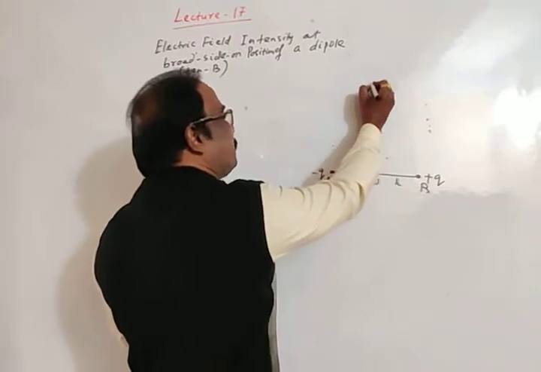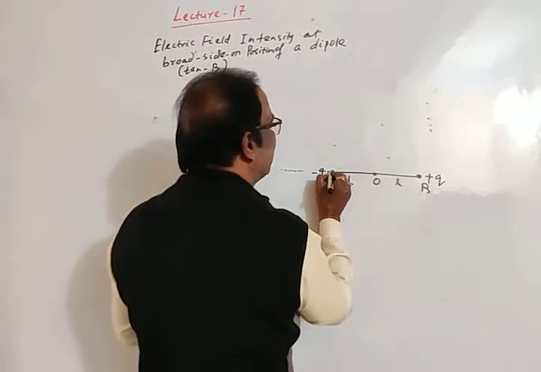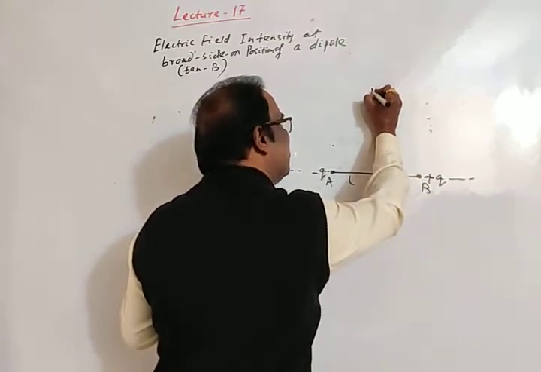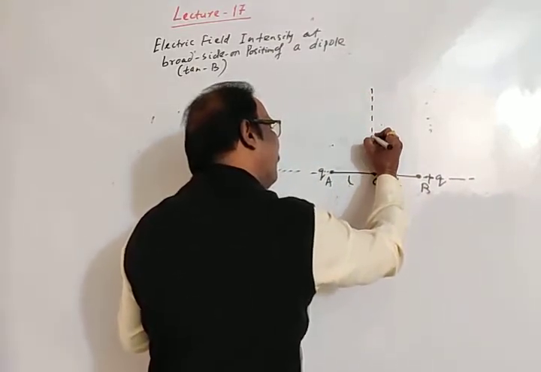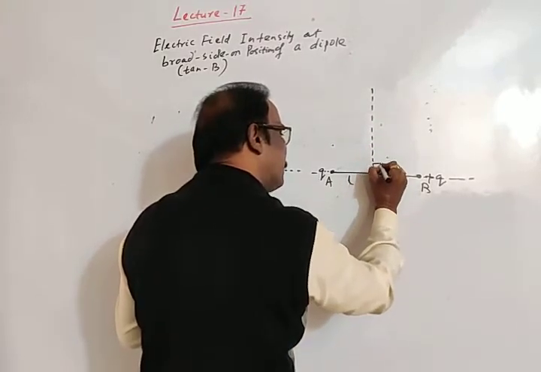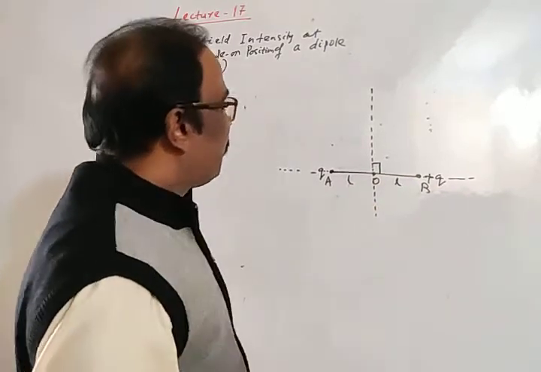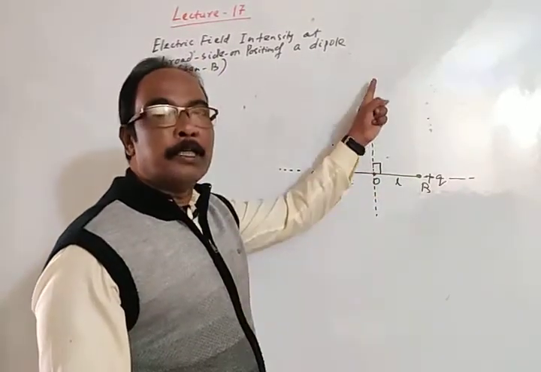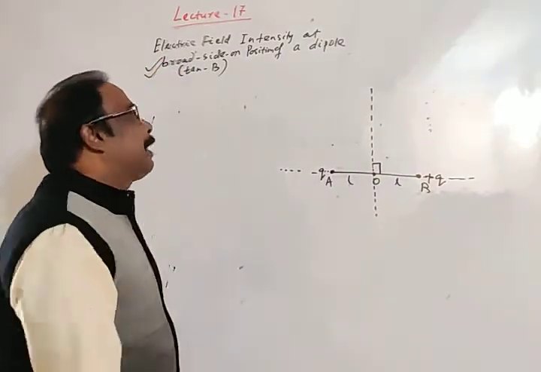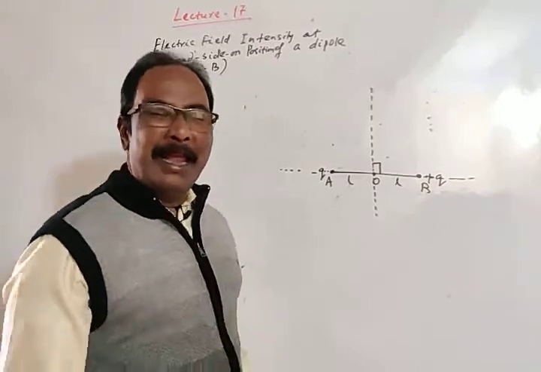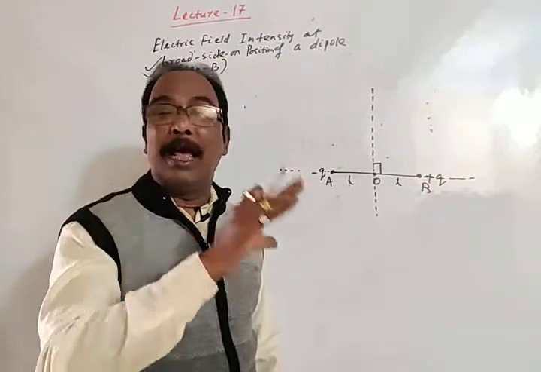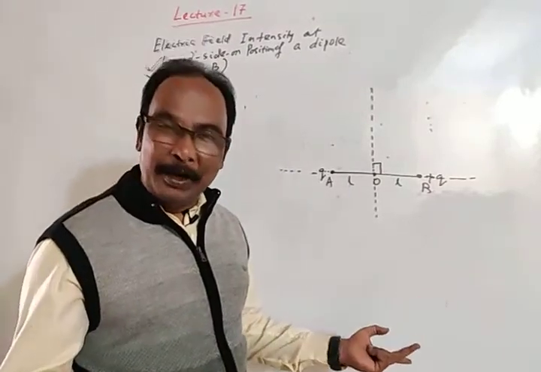So as we have already discussed, this is the axial line or axis of the dipole. This is the equatorial line, meaning this line is perpendicular to the axial line and passes through the center of the dipole. Then we have to find the electric field intensity at the broadside on position. Any point on the axial line is called the end on position.